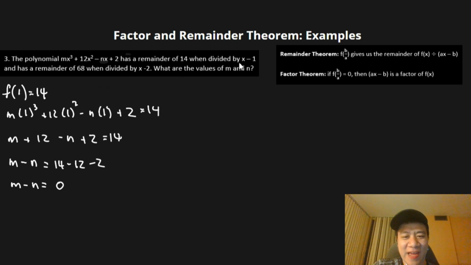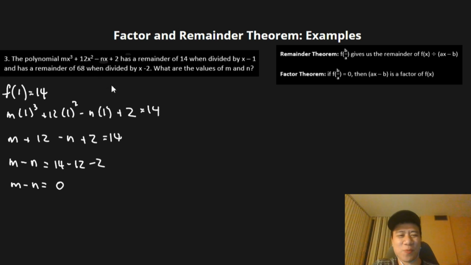Then, using that information with the remainder theorem, we were able to say that f at 1 equals 14, and then we got our equation here by doing some algebra. So if we do something similar, we can get a second equation with also m and n, and then use systems of equations to solve for those two variables.